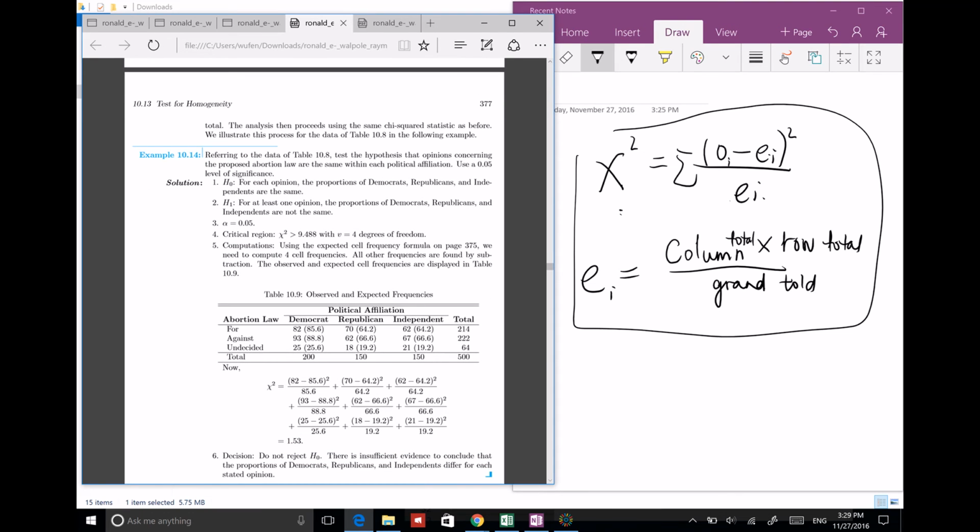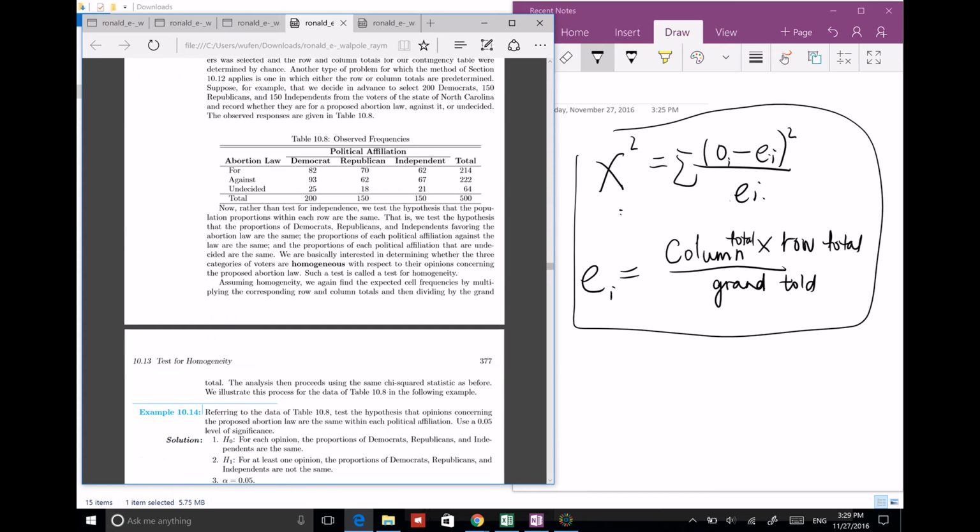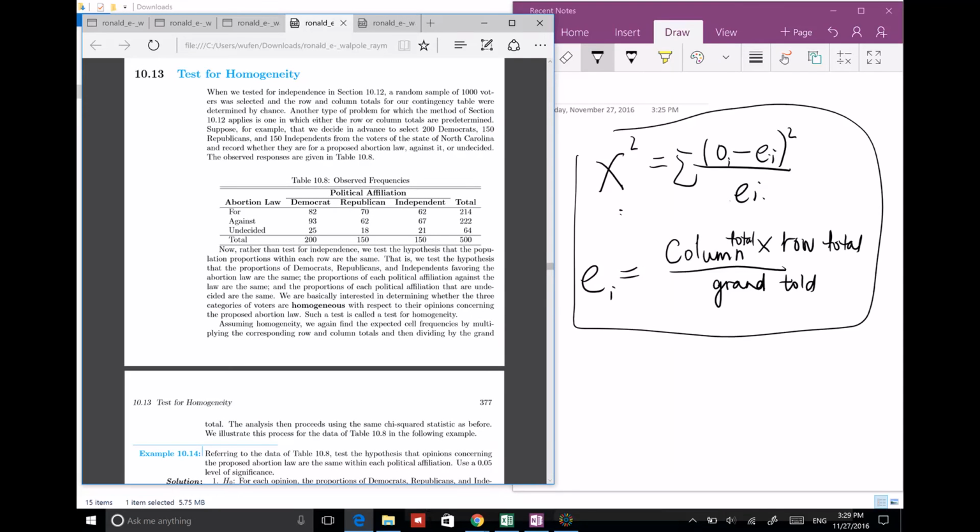So now we're going to have three groups. For example, referring to data table 10.8, let's read this whole problem again. When we tested for independence in section 10.12, a random sample of 1,000 voters was selected, and the row and column totals in our contingency table were determined by chance.